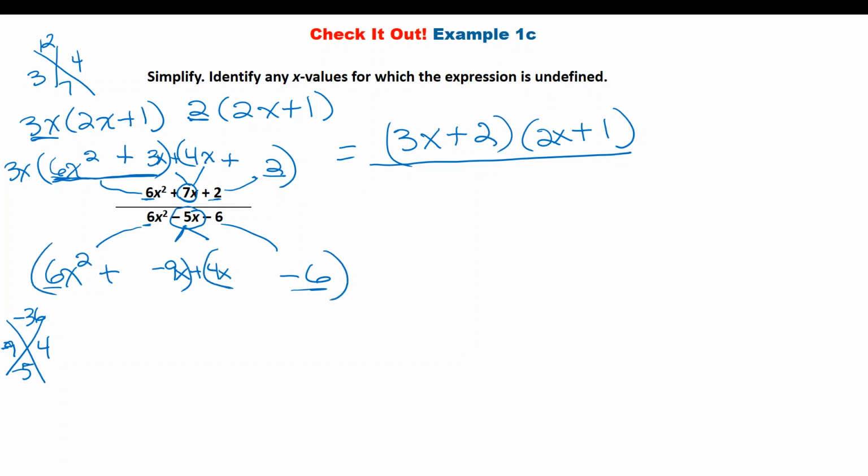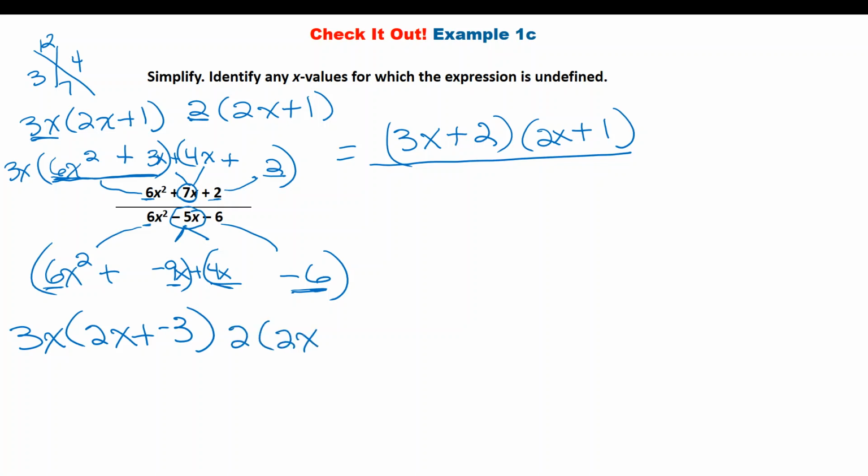So now, after we group, we can factor. I see that there's a 3 and an x I can factor out of this one. That leaves me with 2x plus a negative 3. And in this particular part, I can factor out a 2, and that is going to also leave me 2x minus 3.